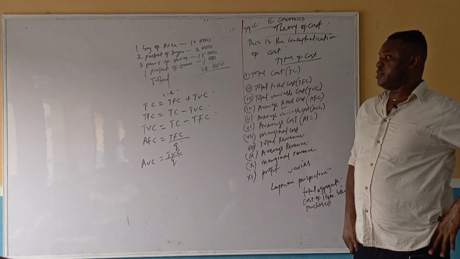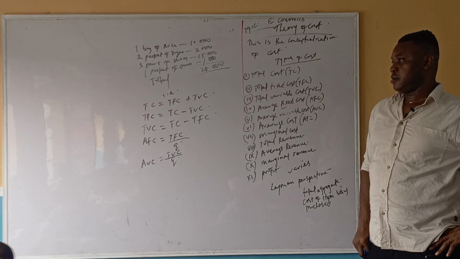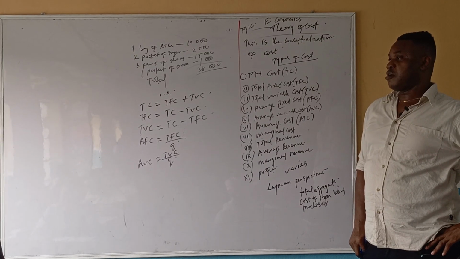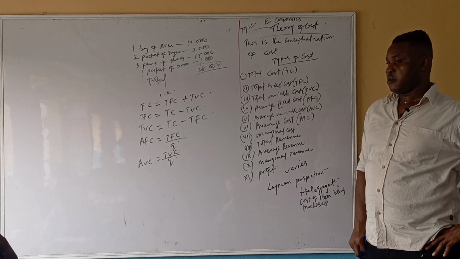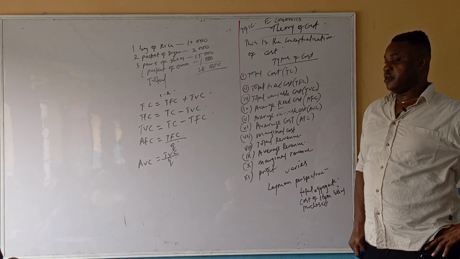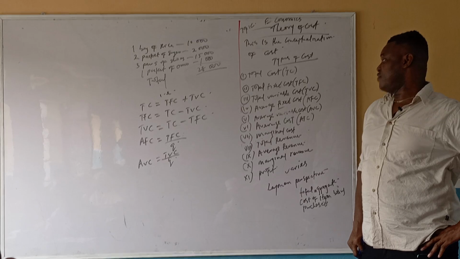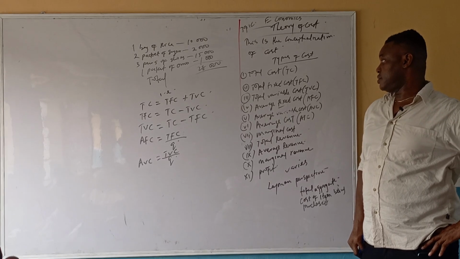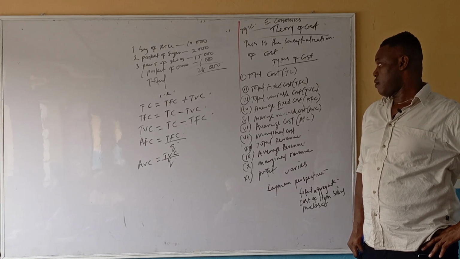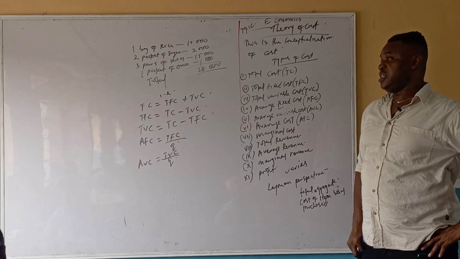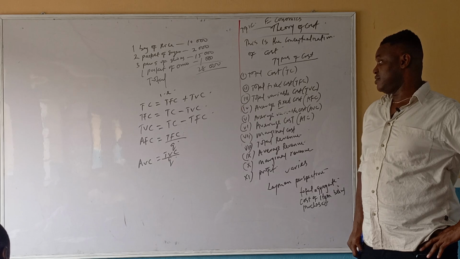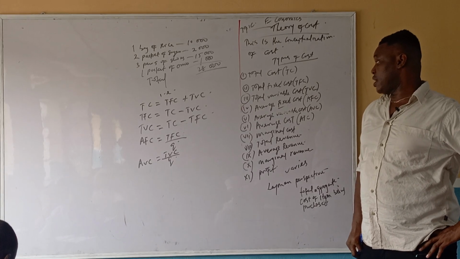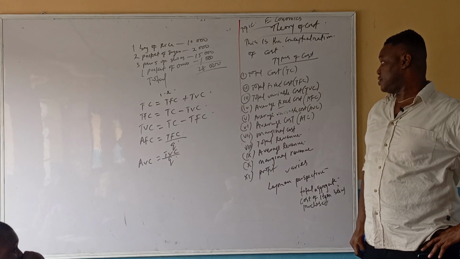This is the average cost of total cost. This is the average cost per total cost, or is it the average cost of total cost?